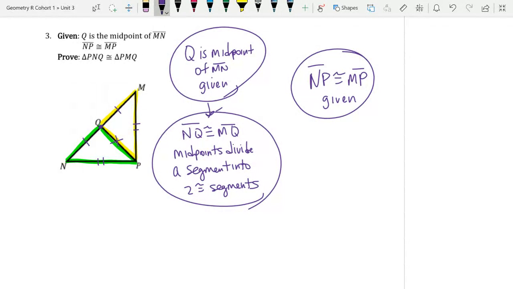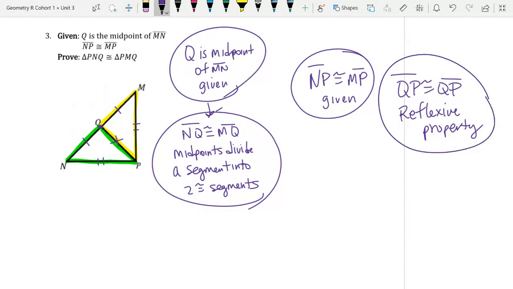And the third thing we were able to label or show on my picture was that QP was congruent to QP by the reflexive property. So then we can finally say triangle PNQ is congruent to triangle PMQ by side, side, side.